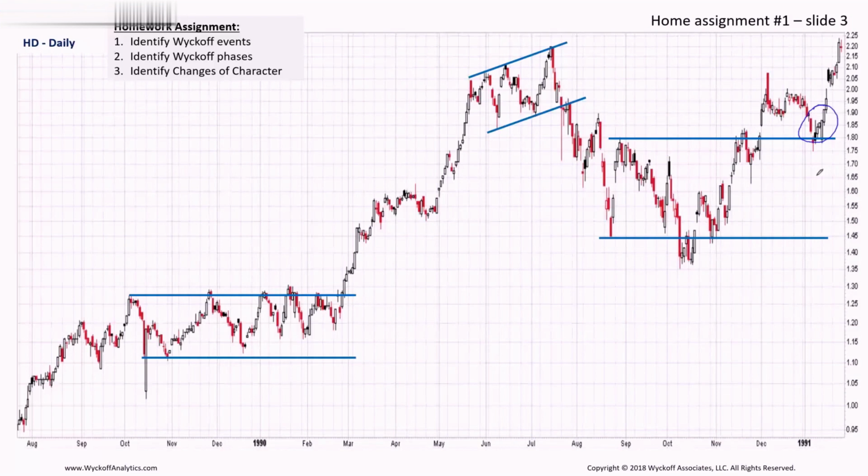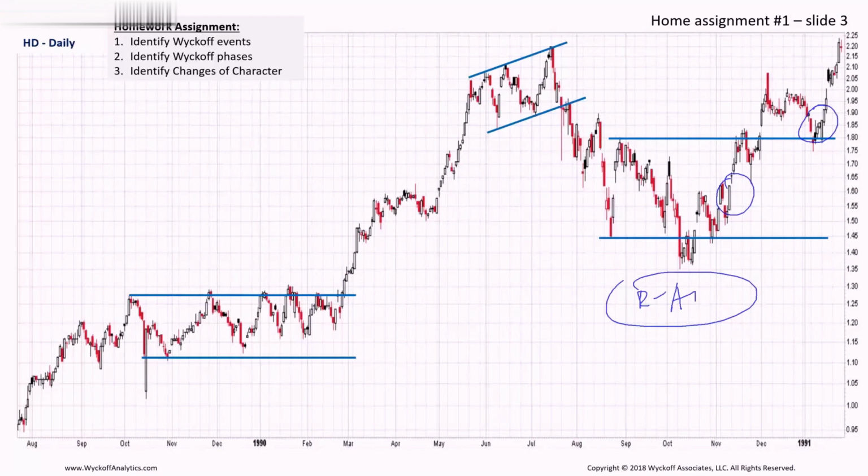Granted, you're opening the position much higher than, let's say, in phase C, and that still acts as a reaccumulation range for us.